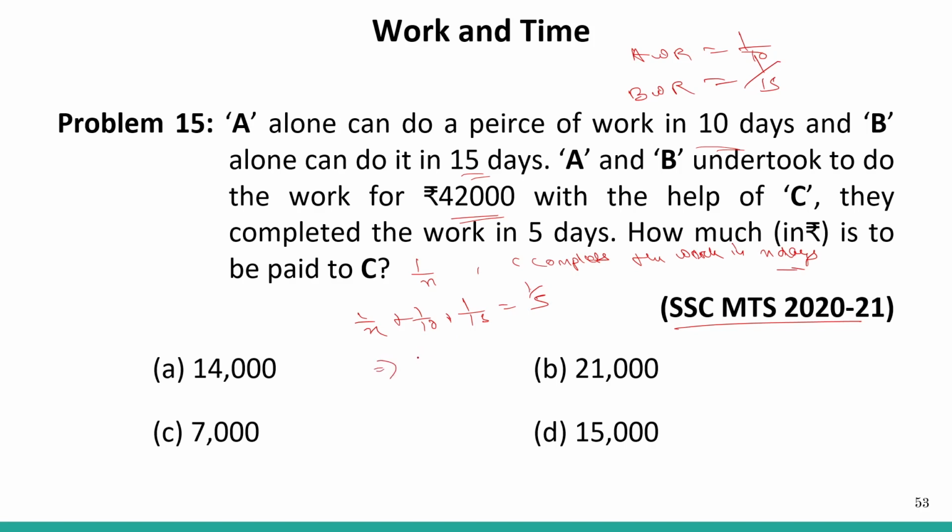So this implies that 1 by X is equal to 1 by 5 minus 1 by 10 minus 1 by 15. So this is, with 30 as the denominator, 6 minus 3 minus 2, which is equal to 1 by 30. So 1 by 30 is the value of 1 by X.